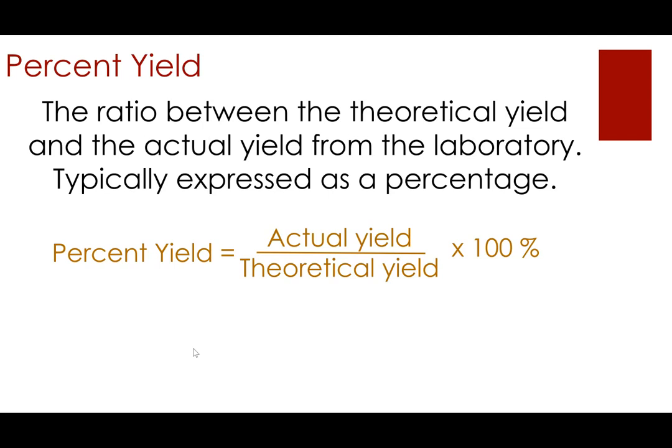So if I should get 100 grams out, and I only get 80 grams out, well, then I'm 80% effective or efficient. So it's just, again, another accounting tool to see how efficient my chemical process was. And then if I were to tweak it, did I make it better or did I make it worse? So just another accounting tool.